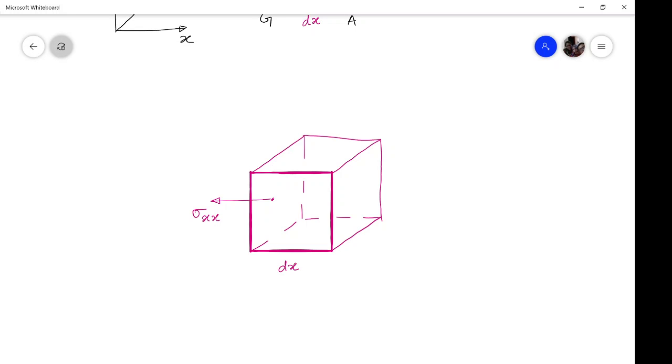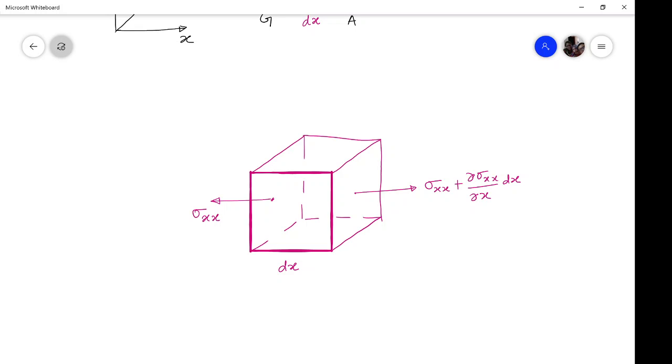So after a distance dx, with the help of Taylor series expansion, you will get sigma xx plus del sigma xx by del x dx. Now this will be the stress in the x direction on this right face after a distance dx. Now we are only talking of x direction stresses, and ultimately the forces. So this is the one.